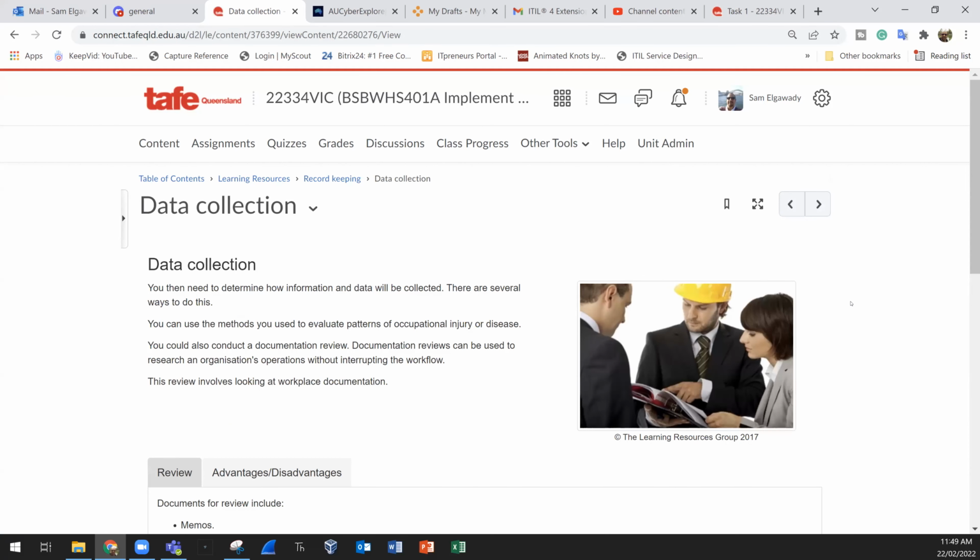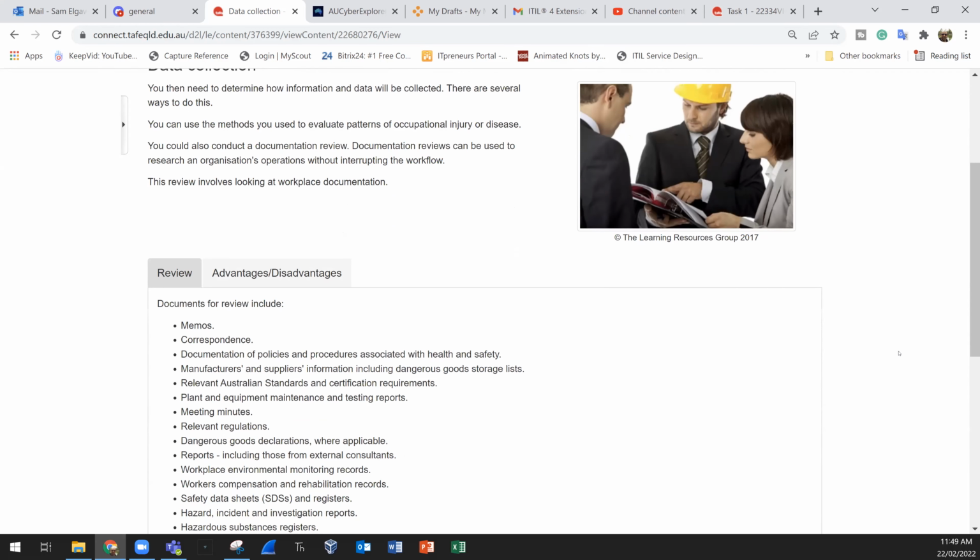So data collection. We said that we will keep the records, but when we will create these records, how will we record this information? So how we will record the data and what is the frequency of that.